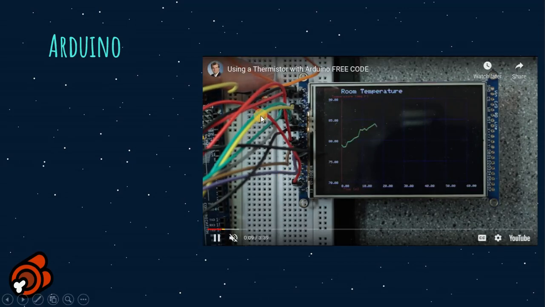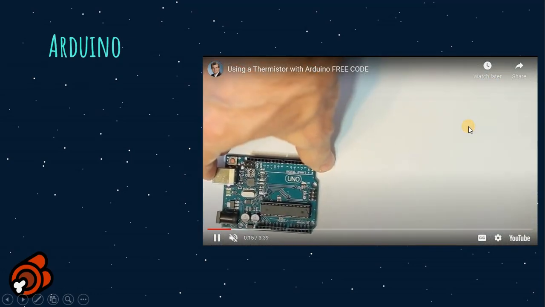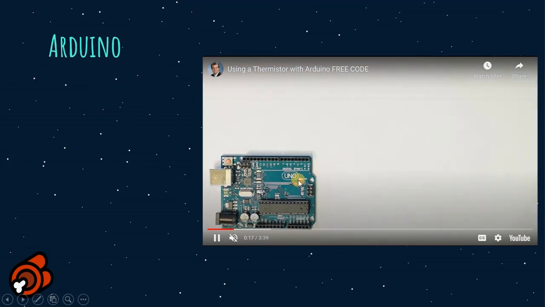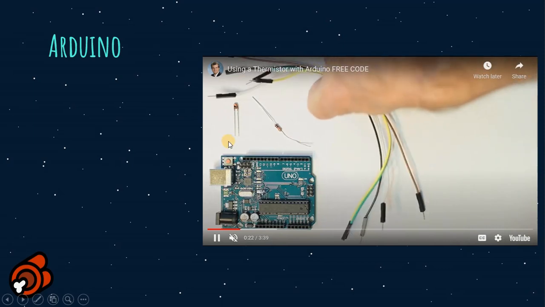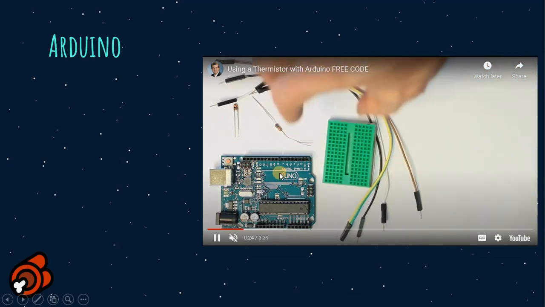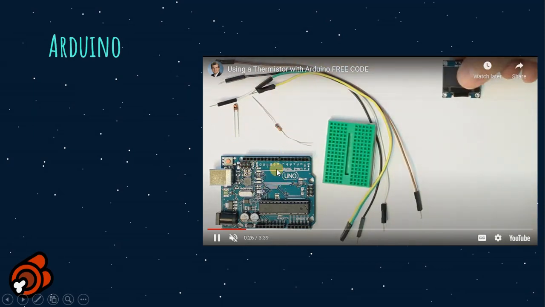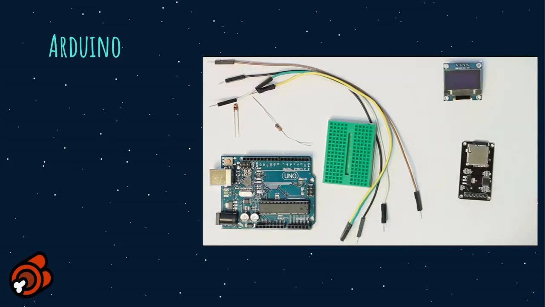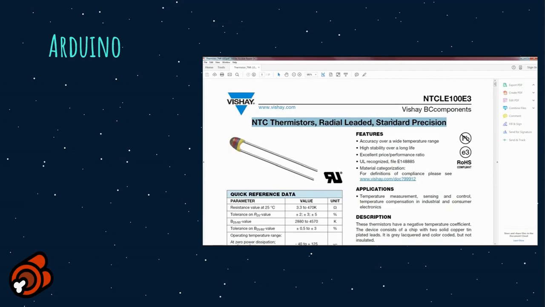You can have these wires here, connect them all together in a breadboard, and then you can have a screen and the motherboard itself, that's the Arduino. We have different types of Arduino. Then you can program it. There's a special USB for that. You can connect it to the computer, do the code, and then you can do a lot of things with it.